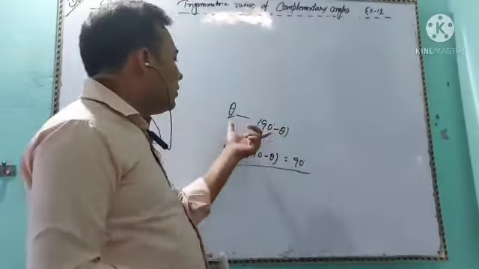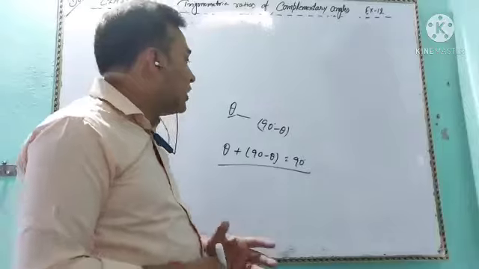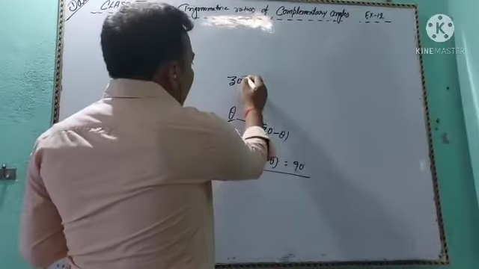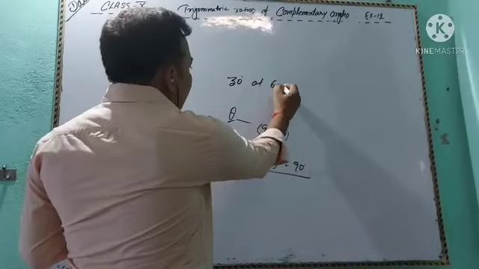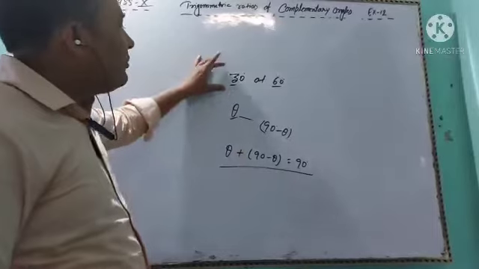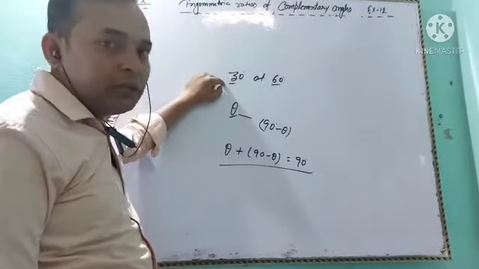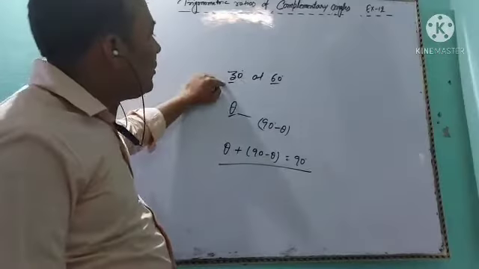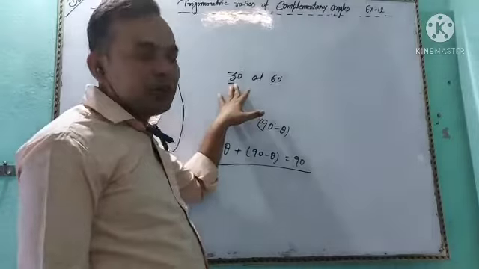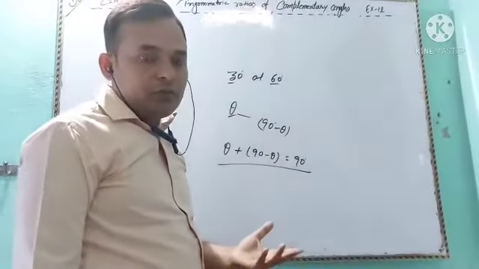Both angles are complementary because their sum measures 90 degrees, just like 30 degrees and 60 degrees. 30 degrees is the complement to 60 degrees and 60 degrees is the complement to 30 degrees. Both angles are complements to each other.